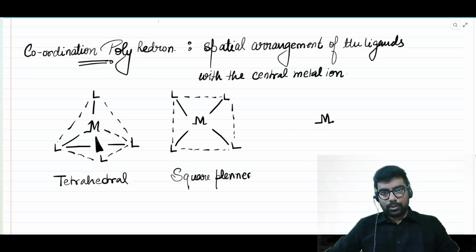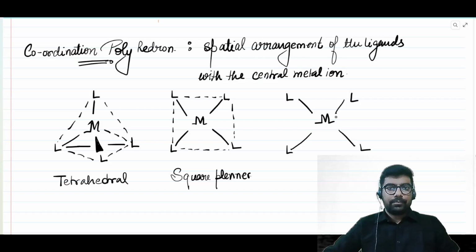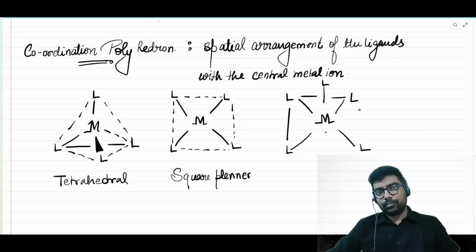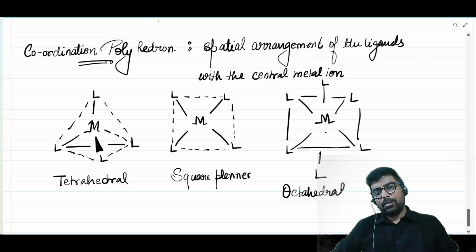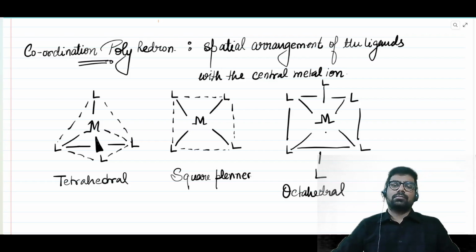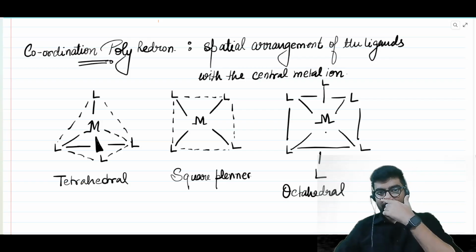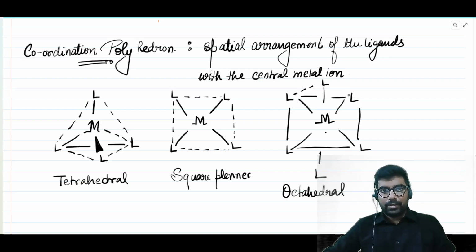Then something can be like a square planar, and then one ligand is above, one is below. So if six ligands are there, this shape is called octahedral. Then there can be trigonal bipyramidal and square pyramidal, with different ligands.